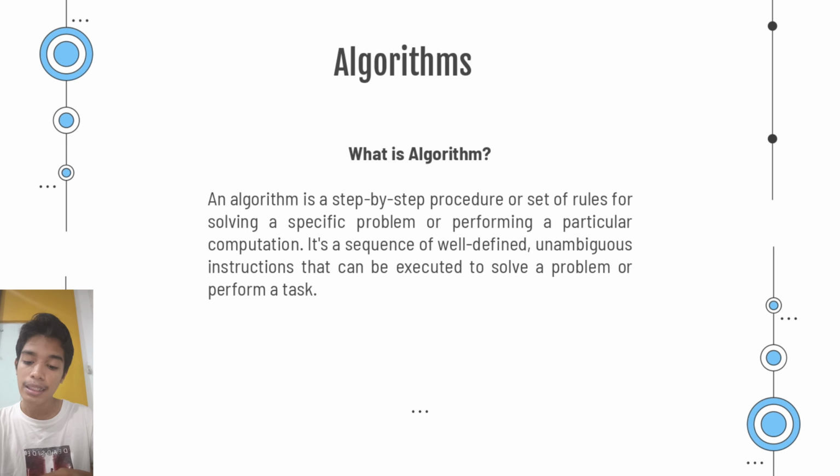And the next is algorithms. What is an algorithm? An algorithm is a step-by-step procedure or set of rules for solving a specific problem and performing particular computations. Everyone knows about algorithms, right? Algorithms are in mathematics, yes or no?